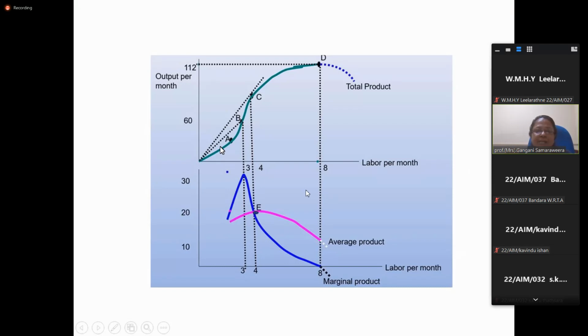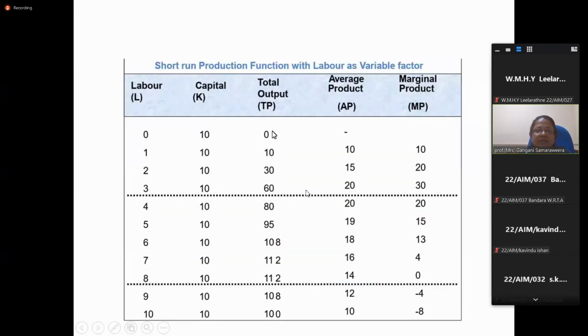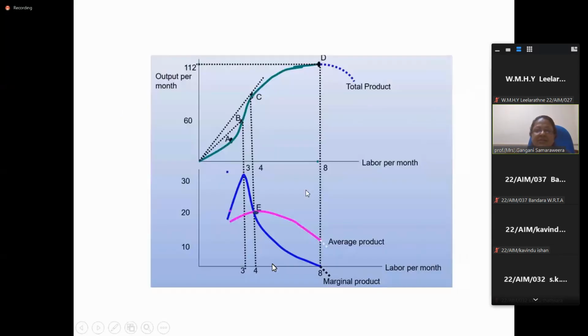But here you can see total output increasing with an increasing rate. 10, 30, 60, then 80, 95. That means the difference is gradually reducing. That means here it is increasing at an accelerating rate.